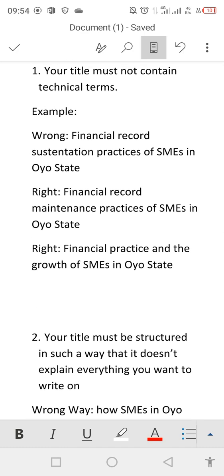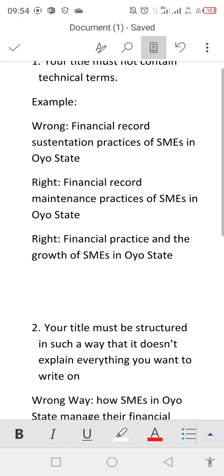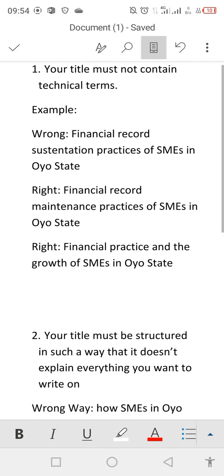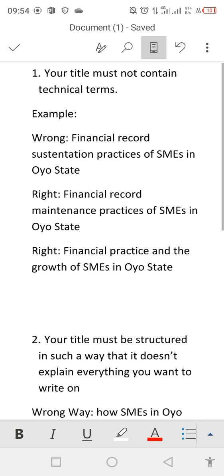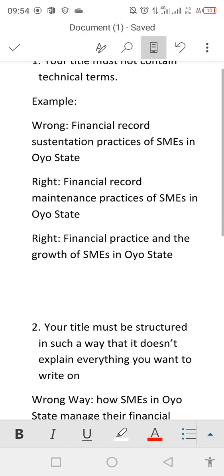And the right way for me to structure that interest is to write: financial record maintenance practices of SMEs in Oyo State.